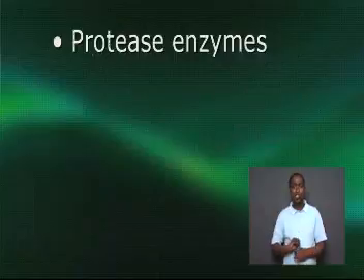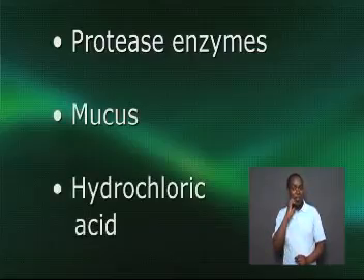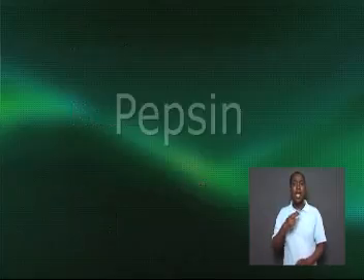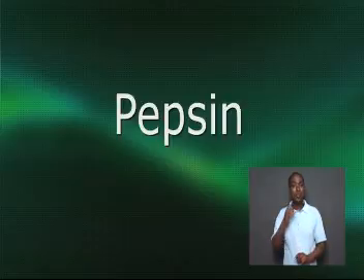These gastric juices consist of protease enzymes, mucus, and hydrochloric acid. The main protease enzyme is pepsin, and it functions to break down proteins. Hydrochloric acid is produced to kill any bacteria that are ingested.